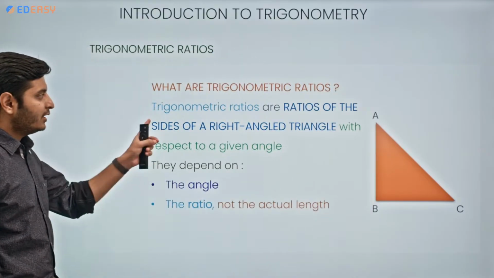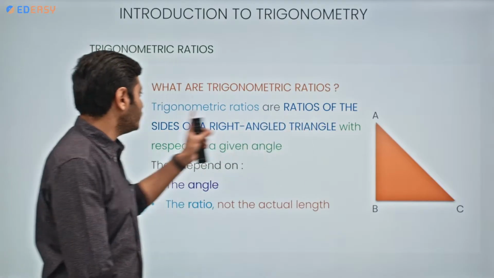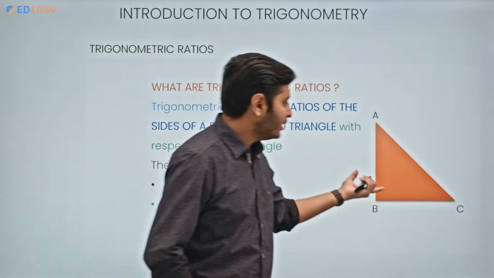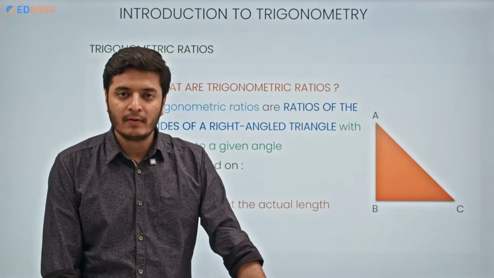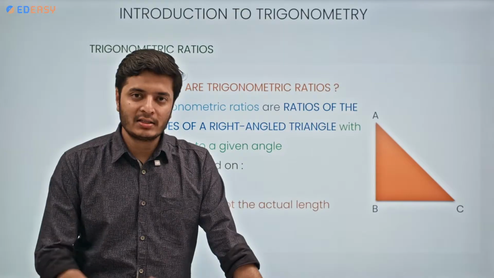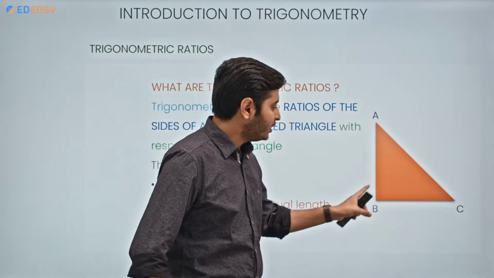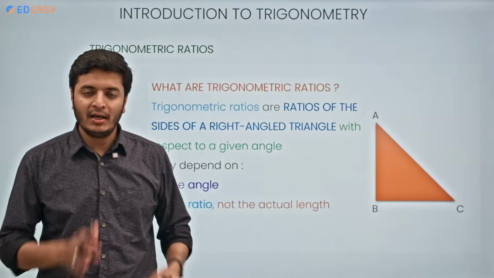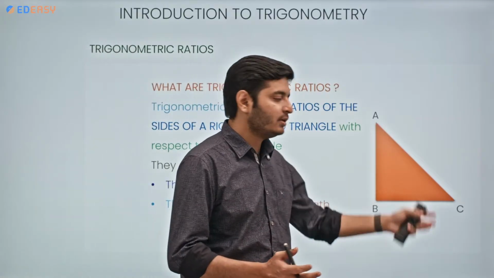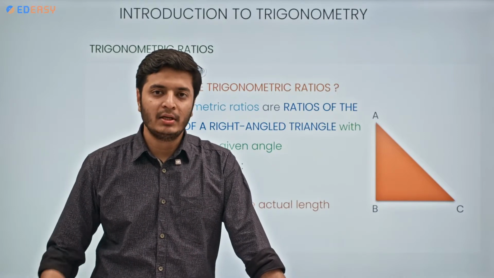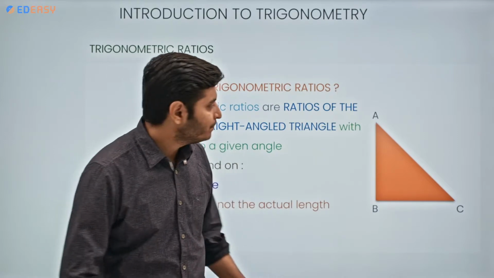Now, trigonometric ratios are ratios of the sides of a right angle triangle. So the ratio is of sides. Angles can be equal, so no need to find the ratio of angles, but we can find the ratio of the side lengths. It means we are dividing at least two sides. We are writing them in a fractional form, correct?